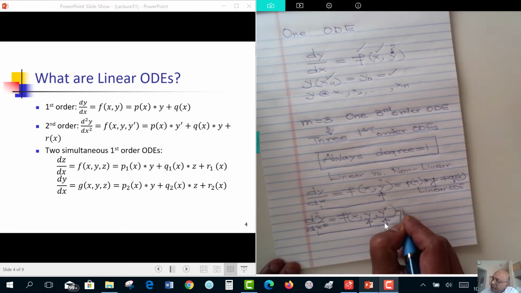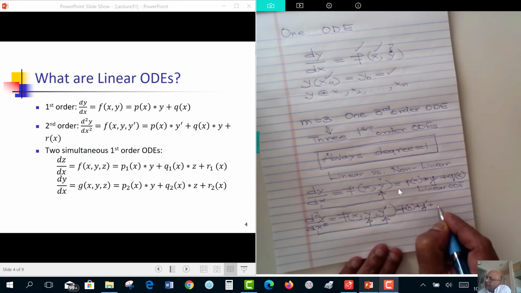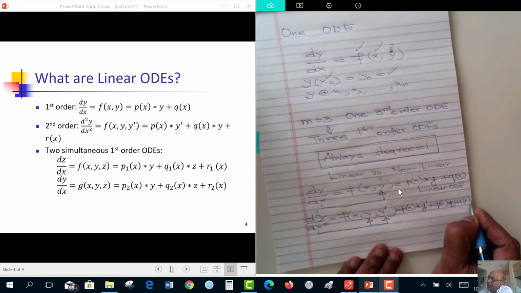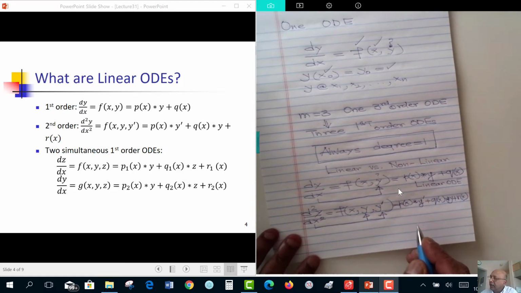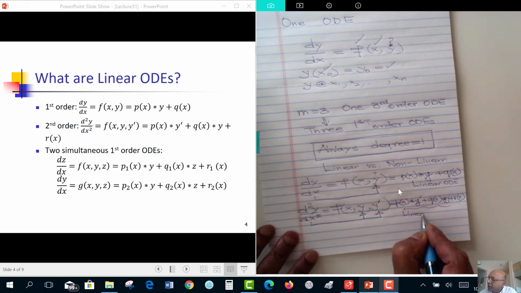So we can separate it out: something times y prime plus something times y plus whatever is the remainder, which could be a function of x. So this is now a linear second order ODE.